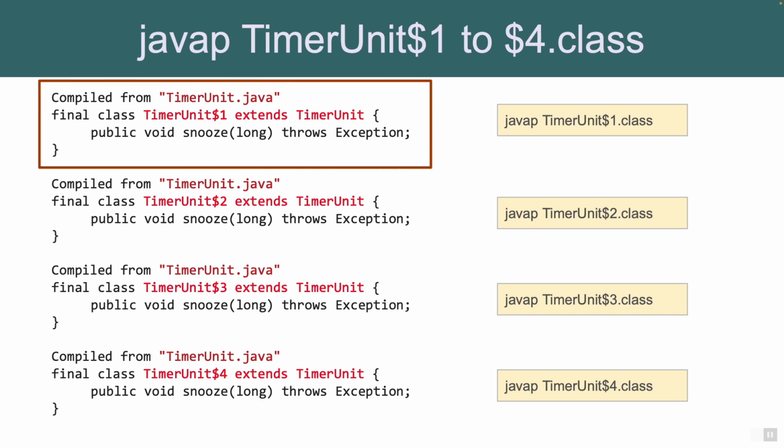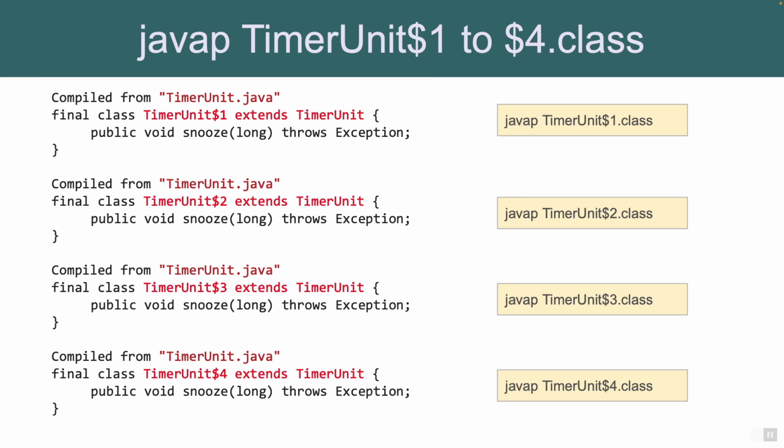You have a class called TimerUnit$1, which extends from TimerUnit. So it is extending from the TimerUnit class and providing an implementation of its own. So you have 4 such classes which are final and which extend from TimerUnit, having implementations of the snooze.